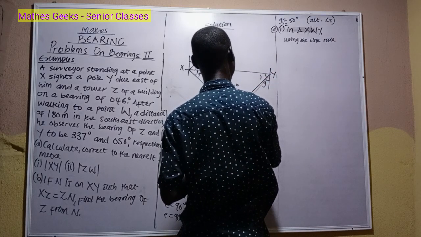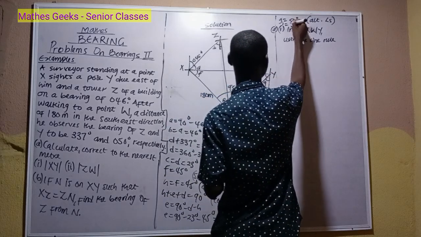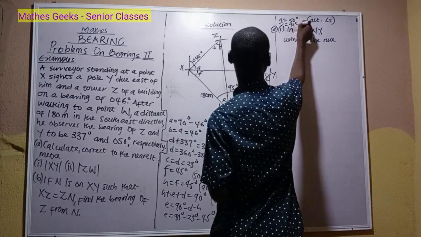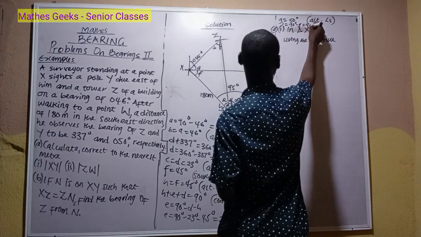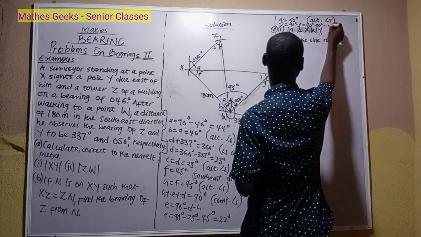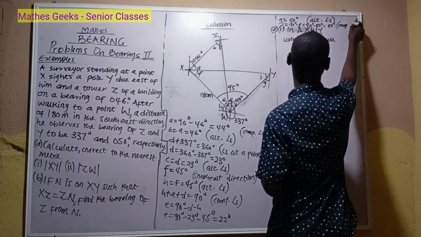Or we can say I plus G equals 90 degrees, so I is equal to 90 degrees minus G, which is 90 degrees minus 50 degrees, and that's equal to 40 degrees. Why? Complementary angles.